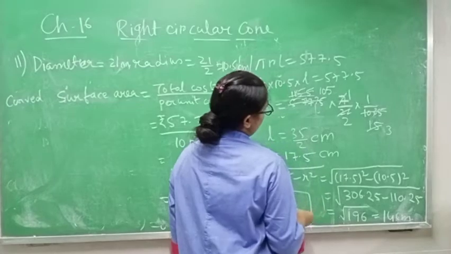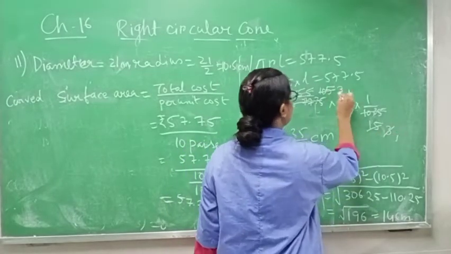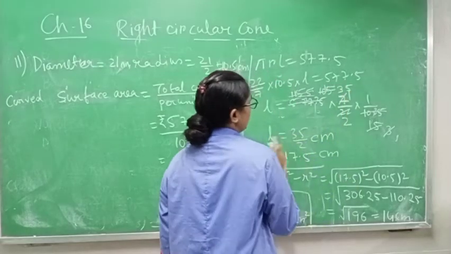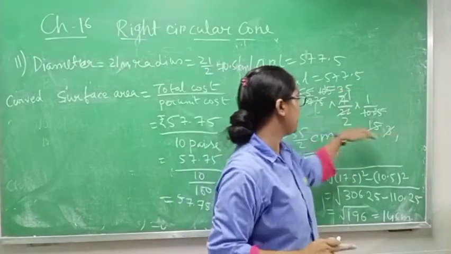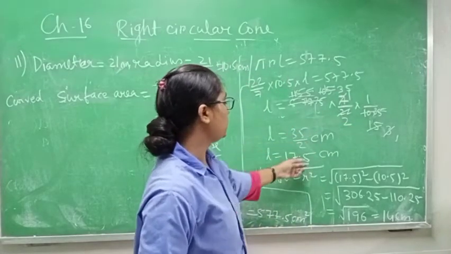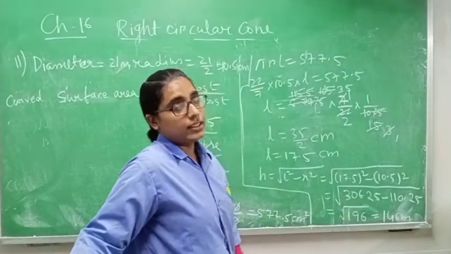Okay. Then 3 ones are 3, 3 3s are 9, 1 will come, 3 5s are 15, means 35 by 2. Here you have 35 and here you have 2, so 35 by 2 when you will divide you will get 17.5 centimeter as your lateral slant height.